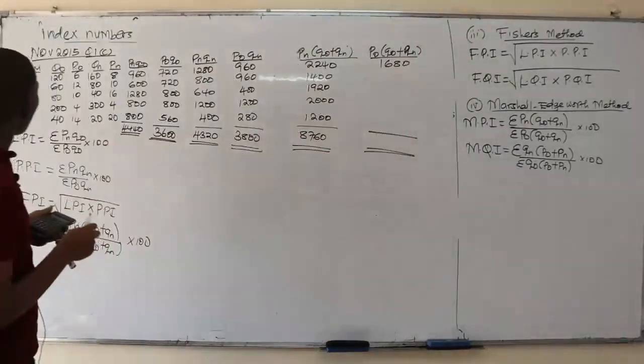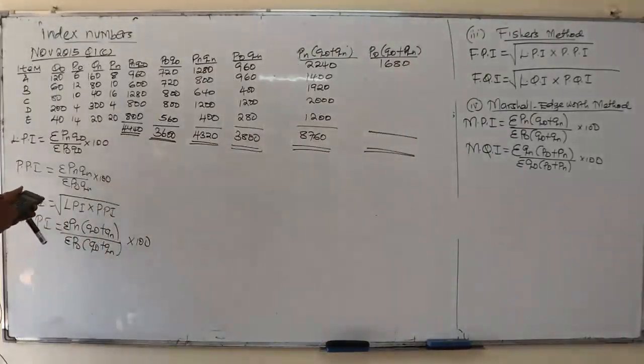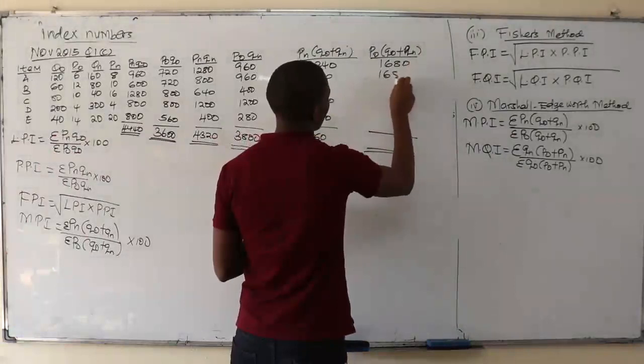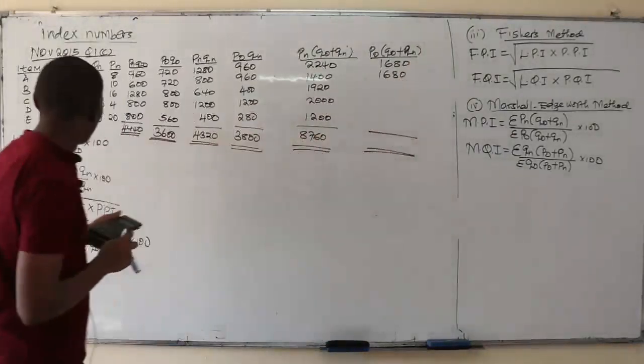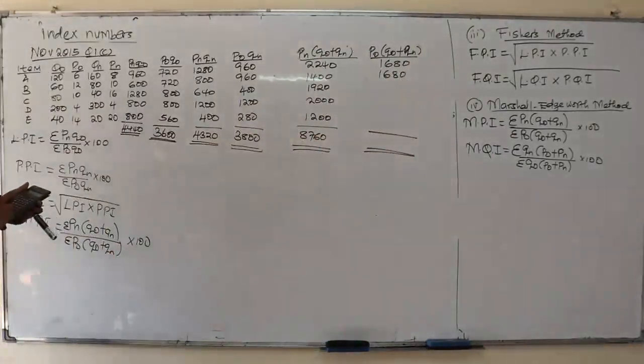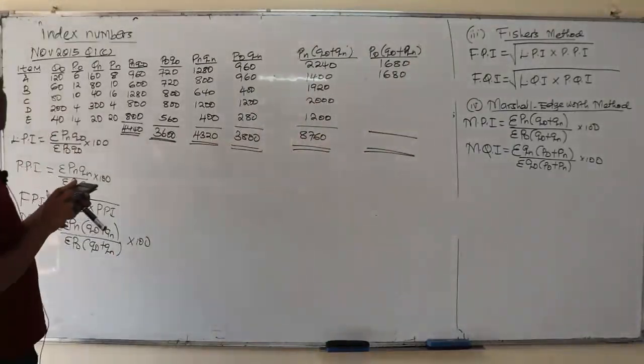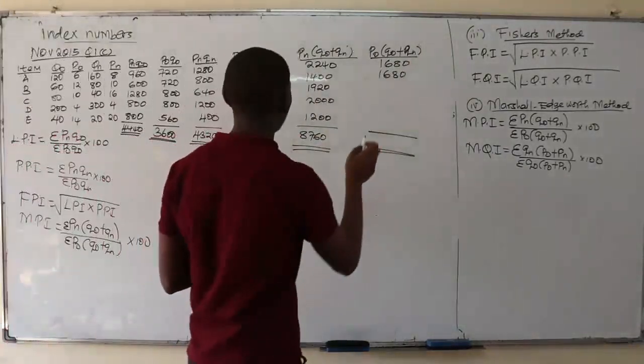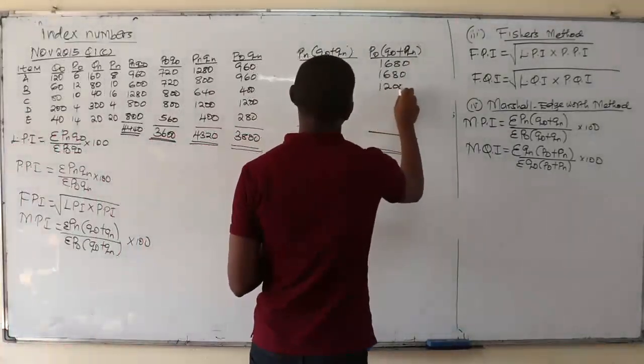Then we also have 140 multiplied by 12, which in that case is also 1680. Then also we have 120 multiplied by 10, which in that case is 1200.